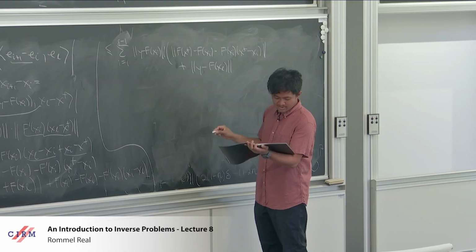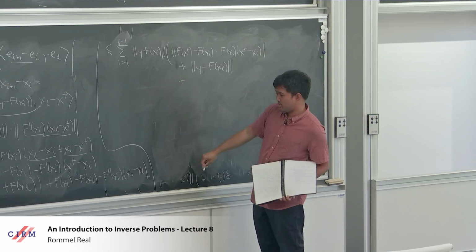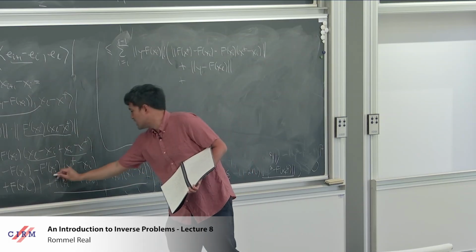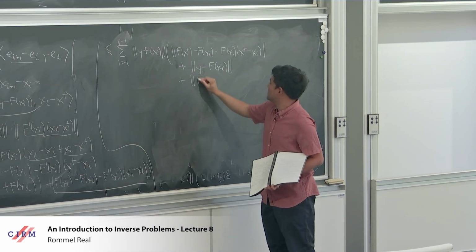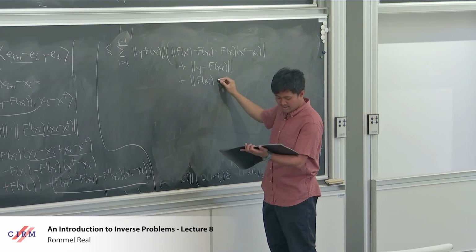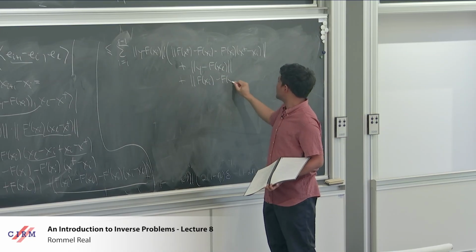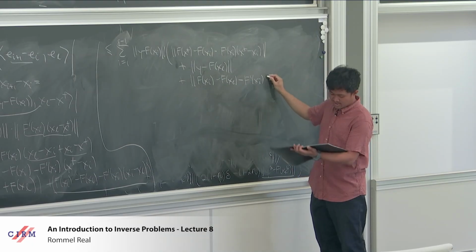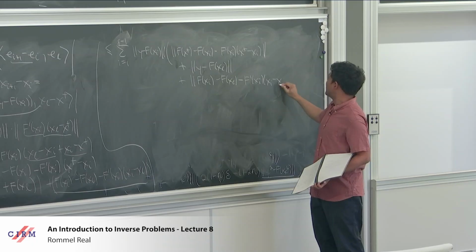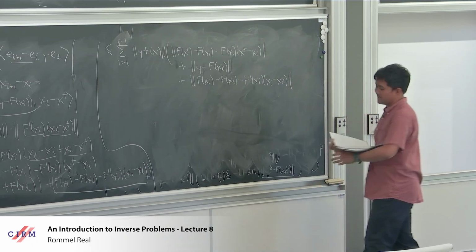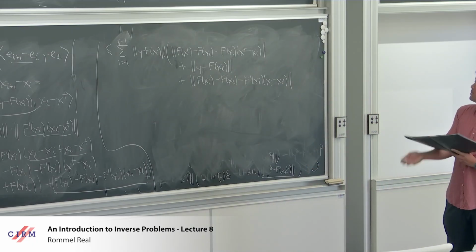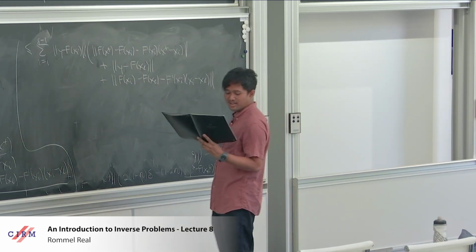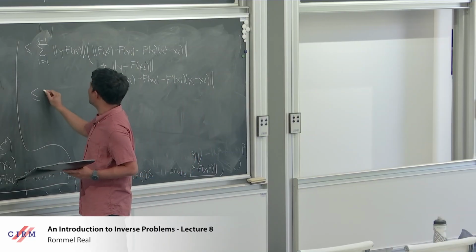And then plus the third group over there, which is the norm of f of x sub I minus f of x sub L minus f prime of x sub I times x sub I minus x sub L. Okay? And then you can apply the nonlinearity condition. It's very straightforward. So we'll have something like this.